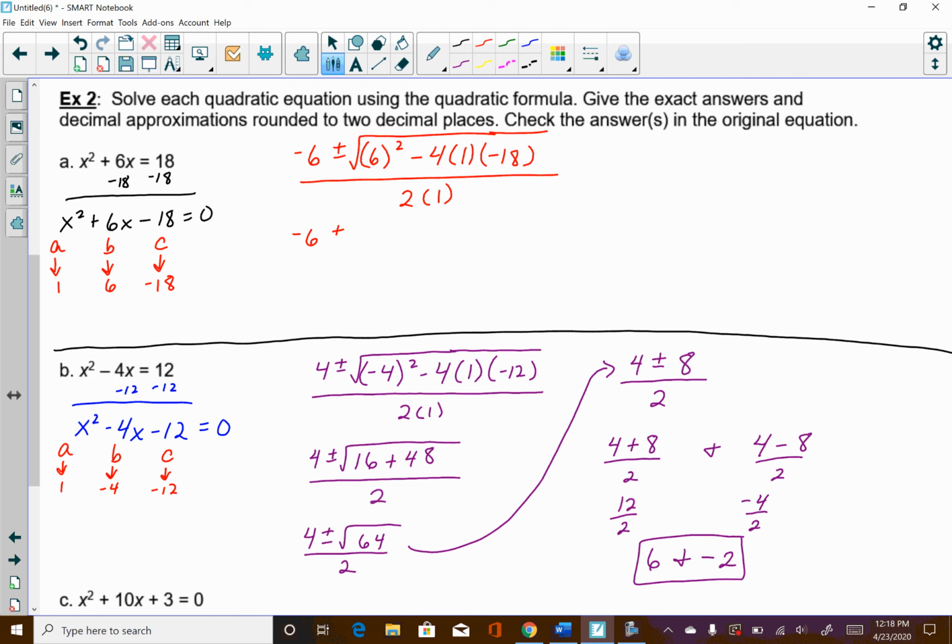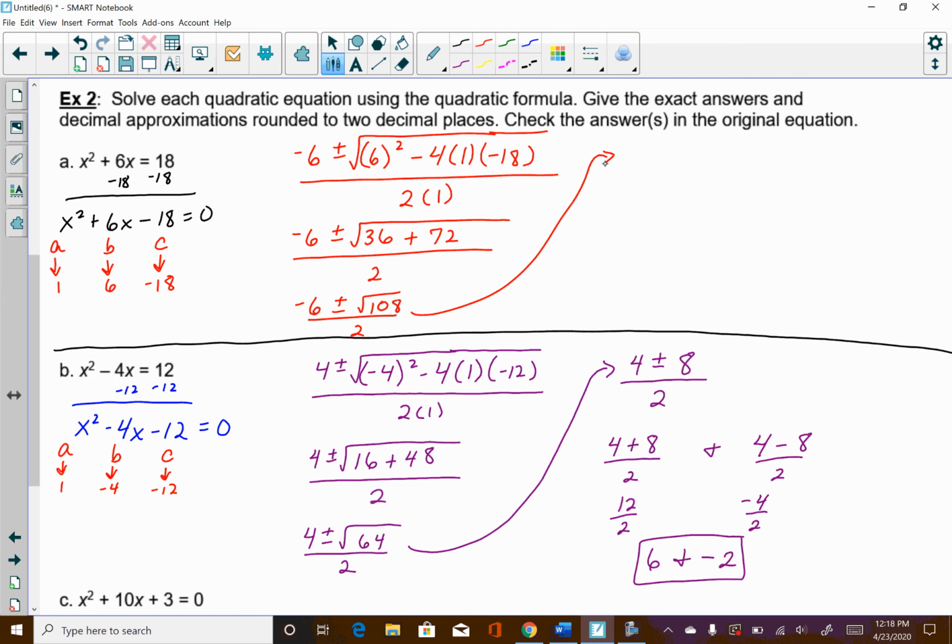So negative 6 plus or minus the square root of 36, negative 4 times negative 18 is positive 72, all divided by 2. That's going to give me negative 6 plus or minus the square root of 36 plus 72, which is 108, all divided by 2.